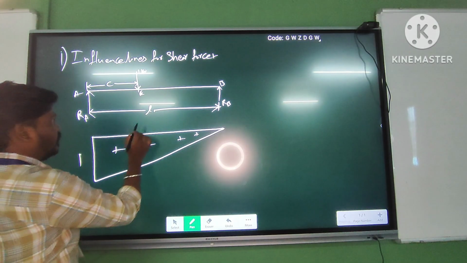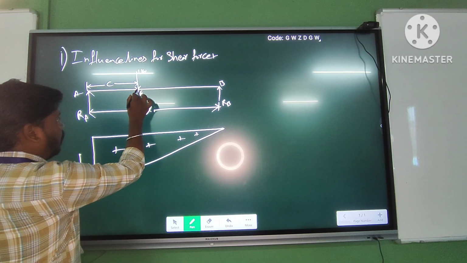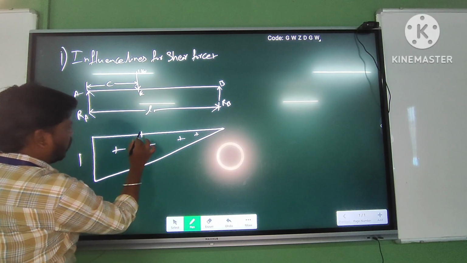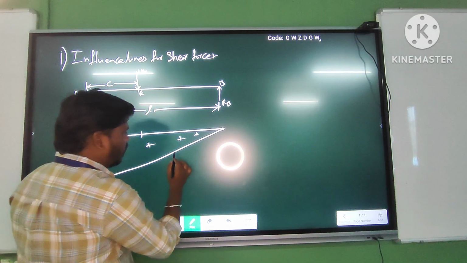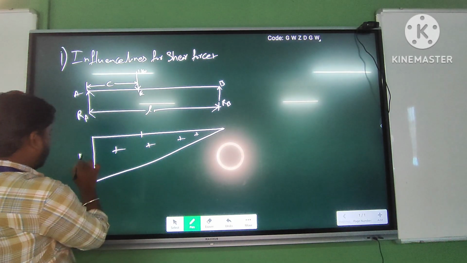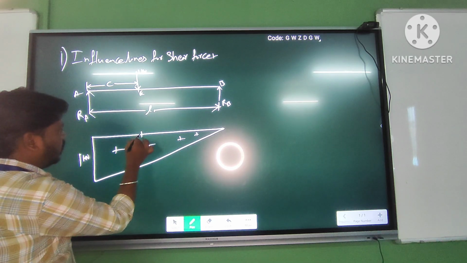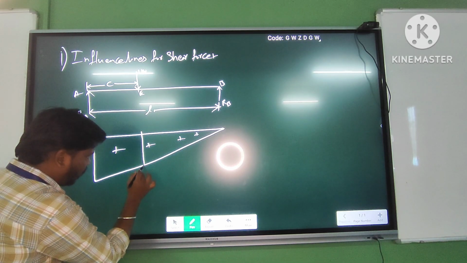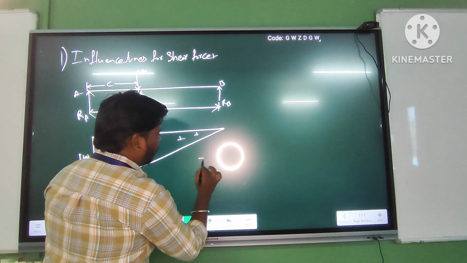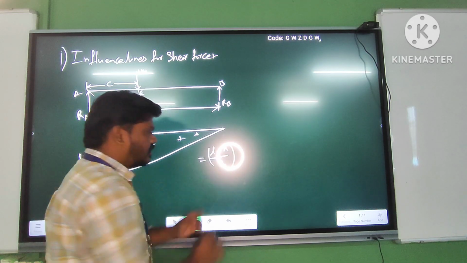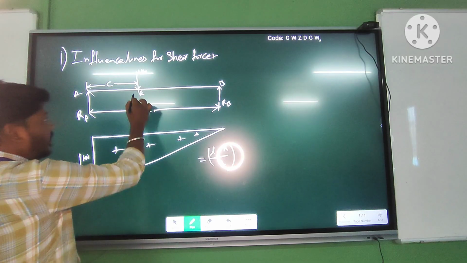Now we can point out this unit load here. What is the intensity of this influence line at this point? For RA, that will be L minus X by L. This is the intensity of the influence line under the point load.